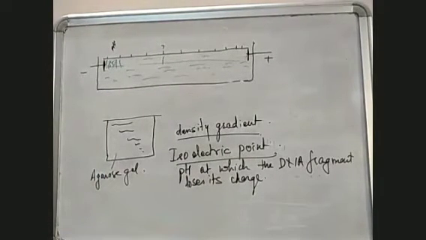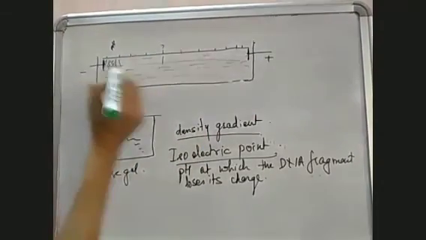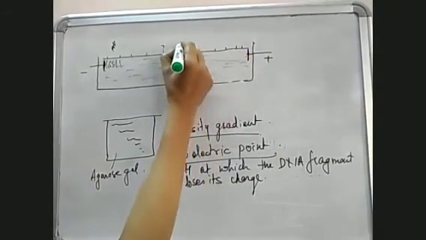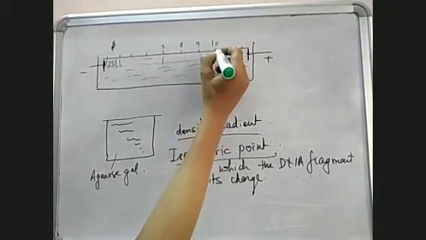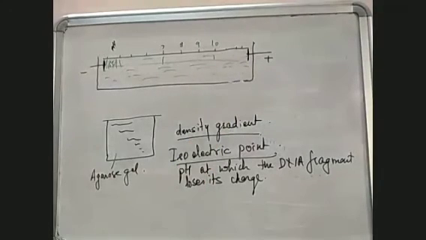That means at 7, it loses its charge. It will become stable here. It will not move further. Another fragment, suppose this fragment, reaches 8, 9, 10, and when it reaches 10, it loses its charge. So it will settle here. So this way, all the fragments settle down.